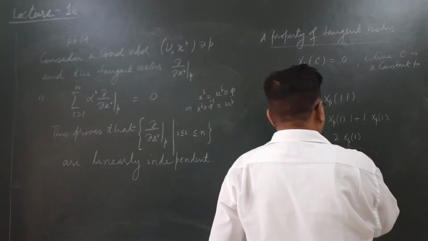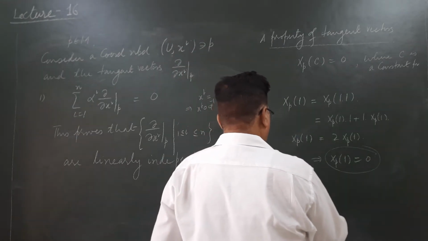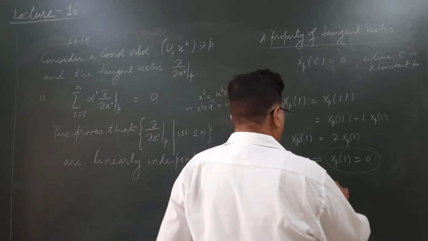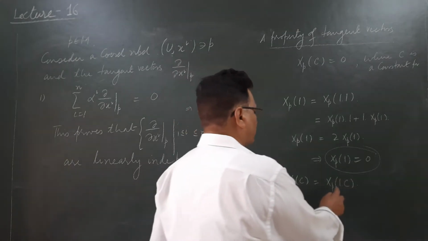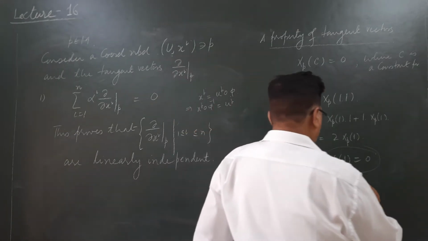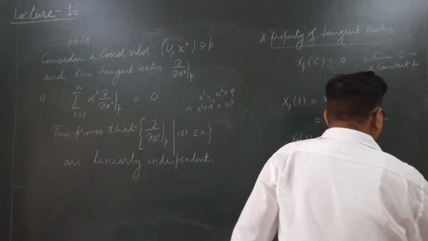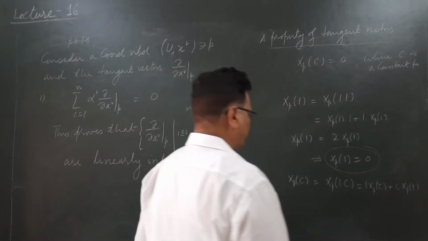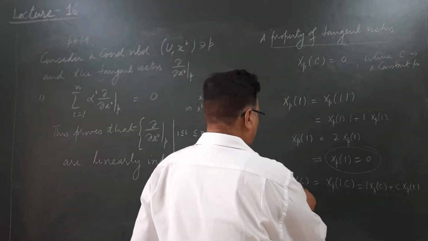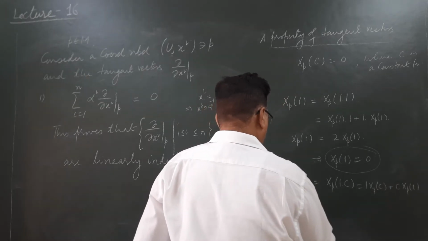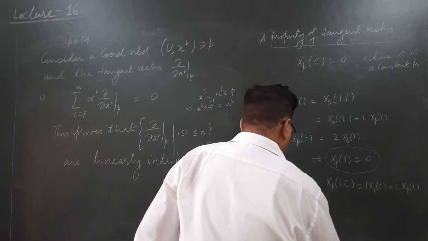Okay, so जब XP1 0 है तो XPC भी 0 होगा, कैसे? So now I can consider XPC. XPC once again you write down as XP(1 into C). Both of them are constant functions, so I apply the Leibniz property. It will be 1 into XPC plus C into XP1. ठीक है ना? And this can also be written as XPC into 1, and this can be written as C times XP1.